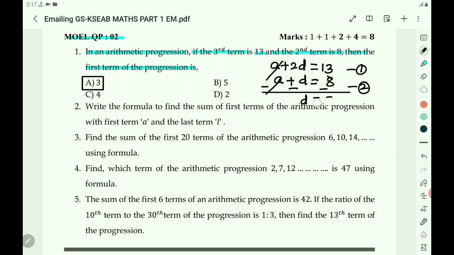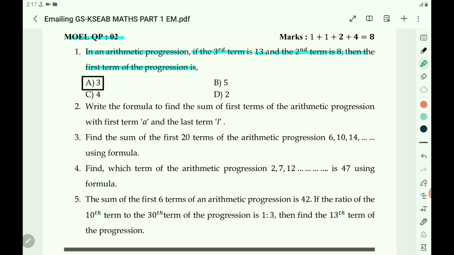Now let us take the second question. Write the formula to find the sum of first n terms of arithmetic progression with first term A and the last term L. Here the question must be sum of first n terms.